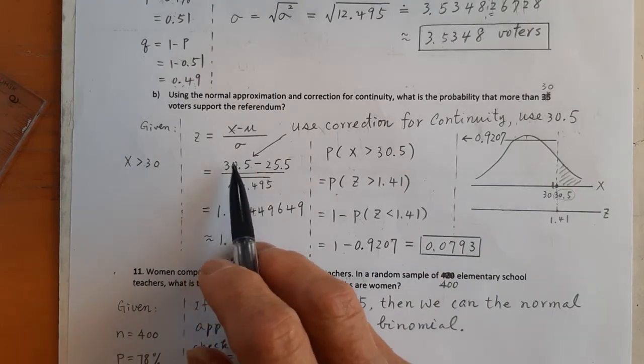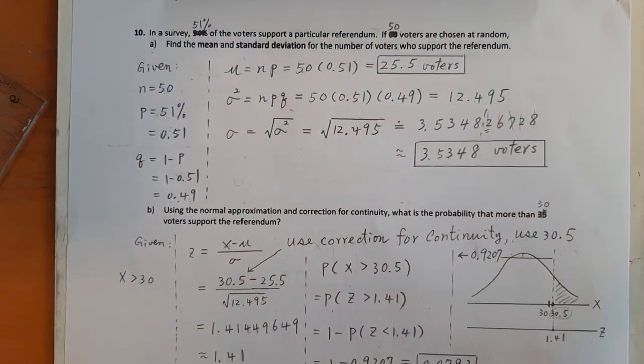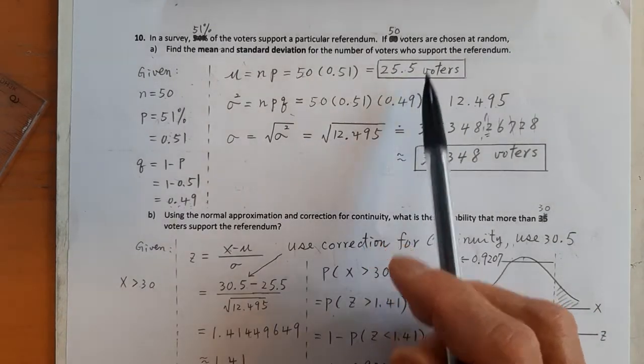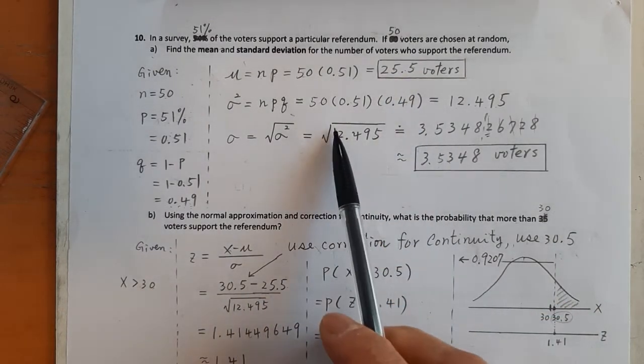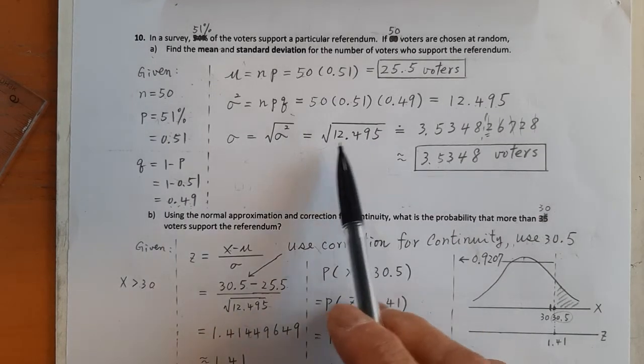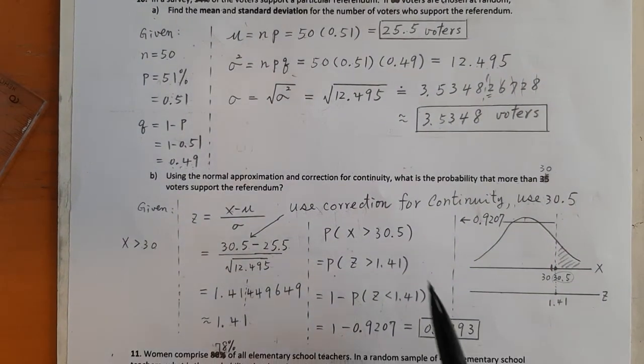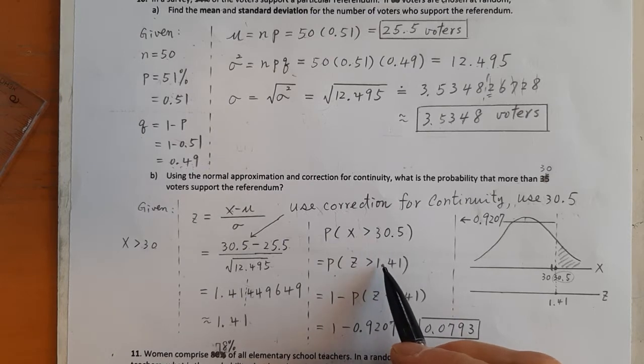So minus mean, given, mean from previous part, 25.5. Over standard deviation, square root of 12.495. That's the standard deviation. Divide, use calculator, figure out this is 1.41. That is the corresponding z-score. So 30.5 corresponding z-score is 1.41.